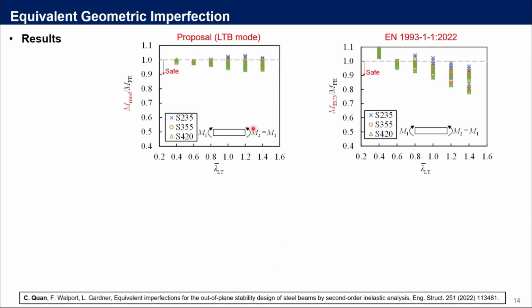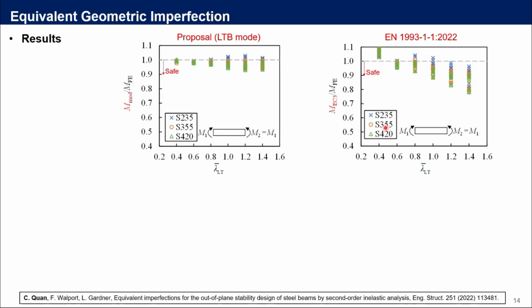Here I show the comparisons between the design member resistance predictions obtained from the GMNIA, employing the proposed equivalent geometric imperfection following the lateral torsional buckling eigenmode, the first option, and the ultimate resistance predictions obtained from the hand calculation approach given in Eurocode.